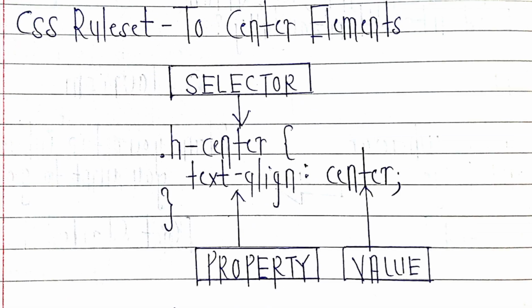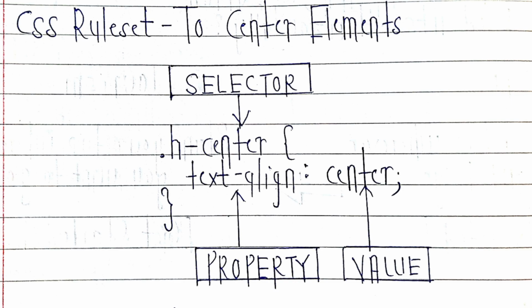Here dash means hyphen, so it will be h-center, horizontal-center, horizontal underscore center, etc. If you want, you can create another suitable selector name for this. Let me break this down for you step by step.